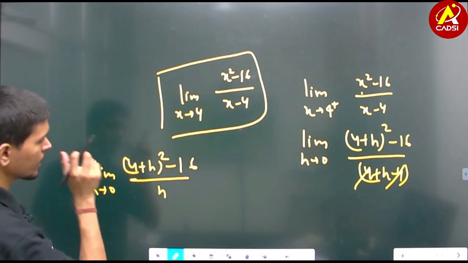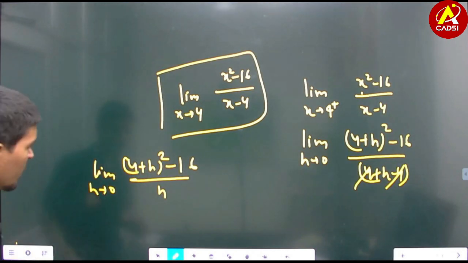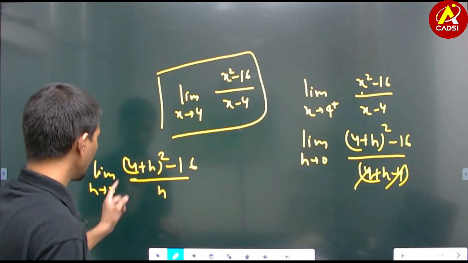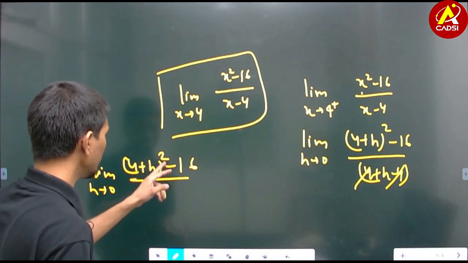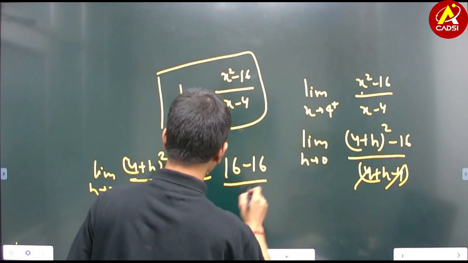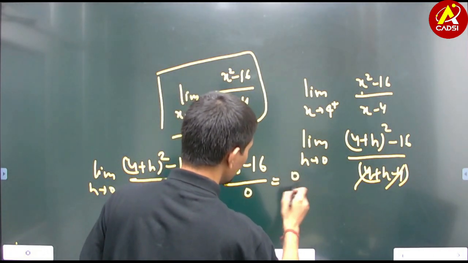Now putting h equals 0, we get 16 minus 16 upon 0, that means 0 upon 0.